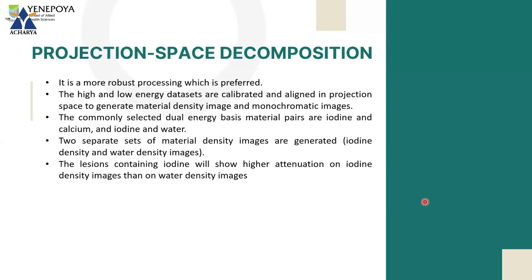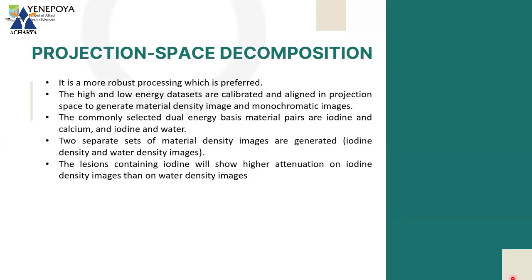So if you want to see if there is any structure which is iodinated, or high iodine or high density structure, you have to do the post processing and open the iodine density images, which will show the higher attenuation for iodine. These are the two types of processing.